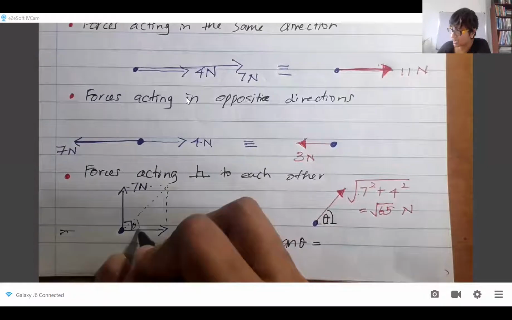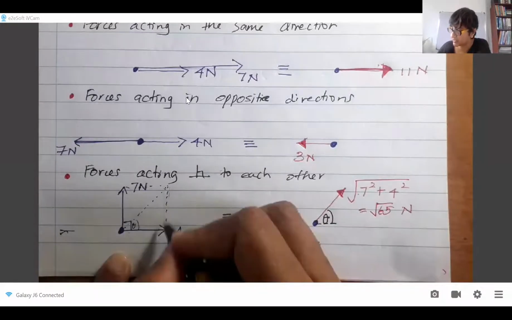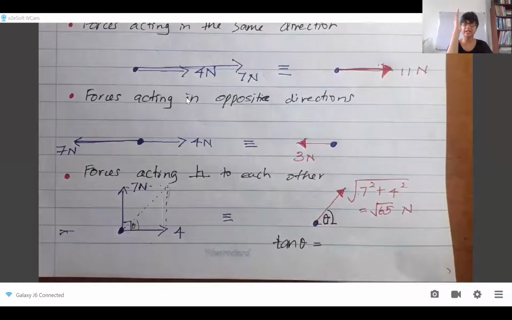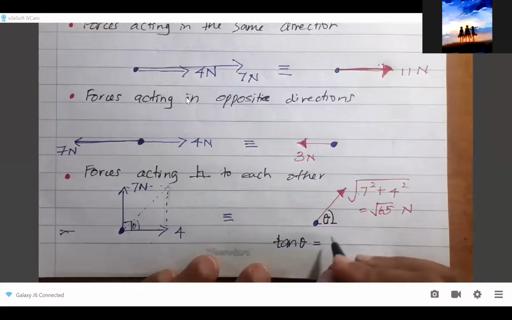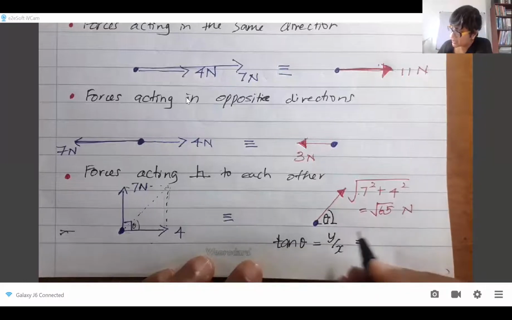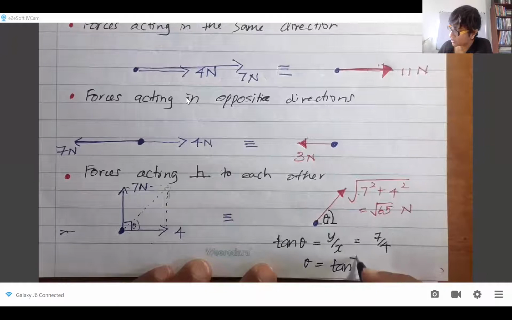And if this is theta, it is opposite over adjacent. So if this is 7 long, this would be 7 long. So it would be 7 divided by 4. So y direction force divided by x direction force. So it's 7 divided by 4. So theta is tan inverse of that. So you can exactly find that angle also if you want it.